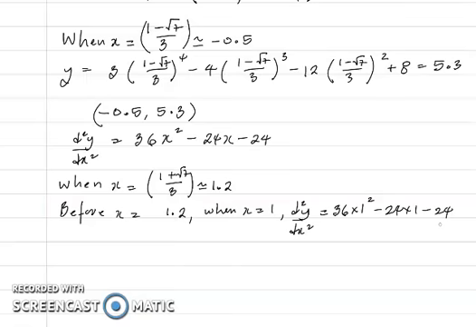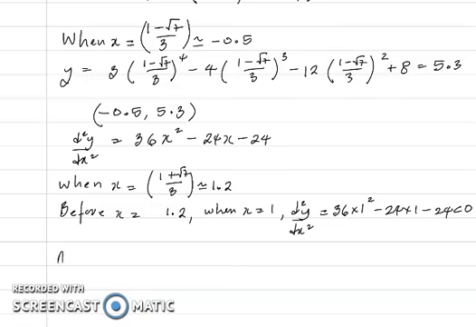That's going to come out negative, because it's 36 minus 48, which would make d2y by dx squared negative. So when x is equal to 1, d2y by dx squared is less than 0. If it's less than 0, it means that it's concaving down. Before x is equal to 1.2, the graph is concaving down.